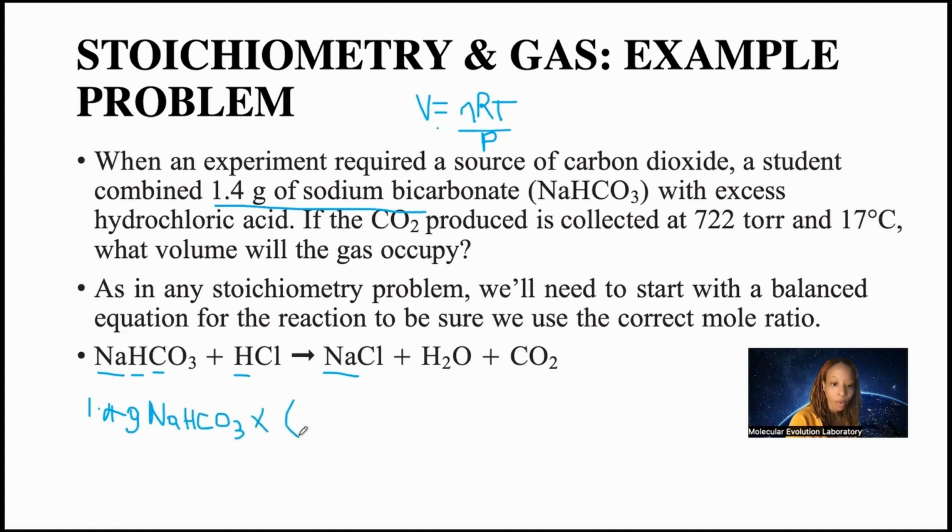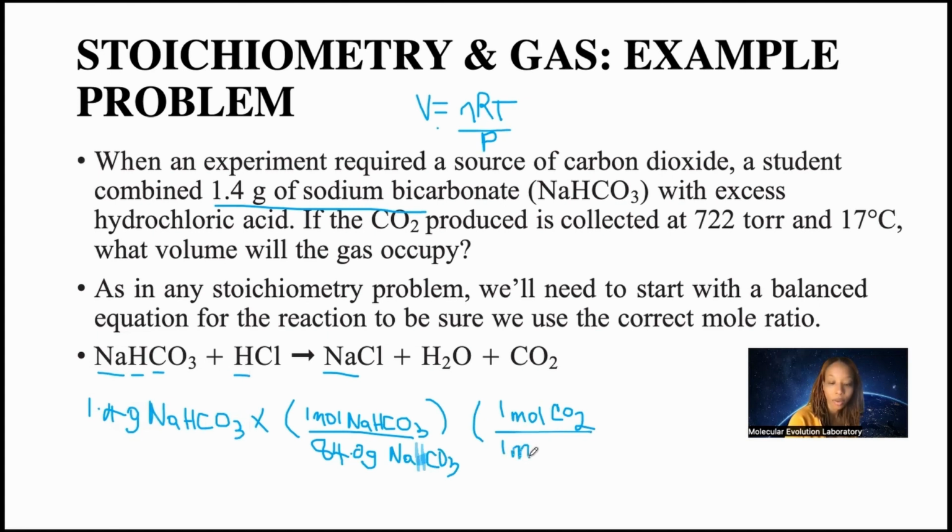We know that 1 mole of NaHCO3 is equivalent to 84 grams of NaHCO3, times 1 mole of CO2 divided by 1 mole of NaHCO3. This is a 1:1 ratio. And this gives us 0.017 moles of CO2.